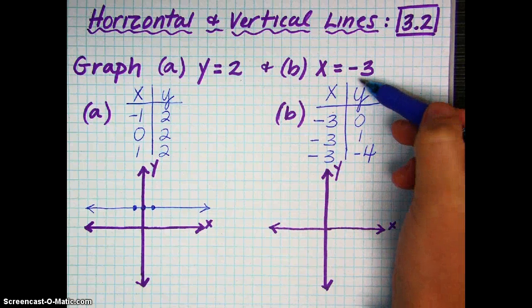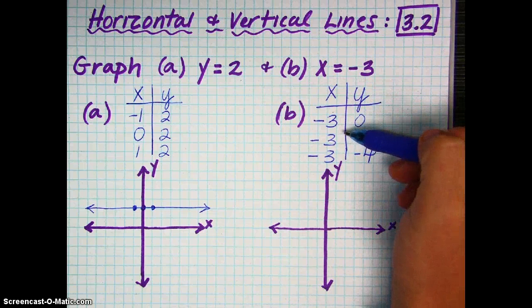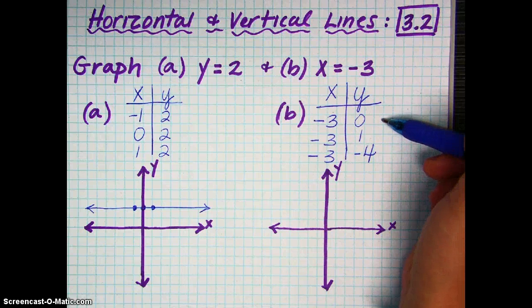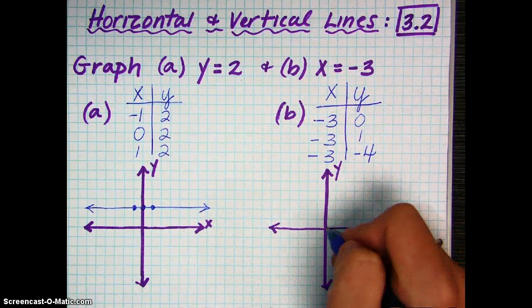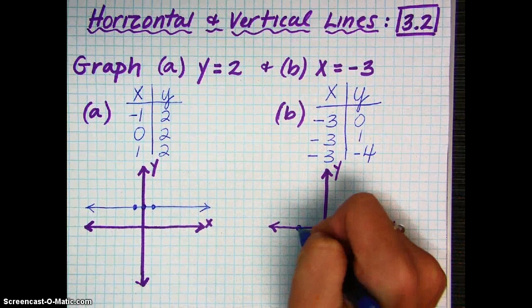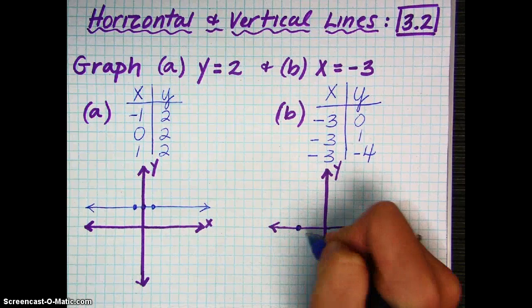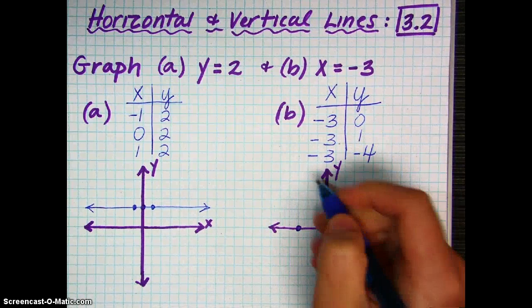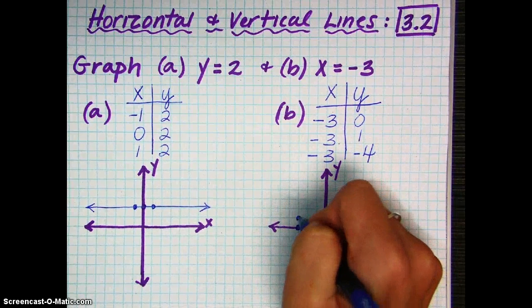As long as x is negative 3, then any point containing an x value of negative 3 is a solution to that equation. So again, the point negative 3, 0, that's a solution to the equation. The point negative 3, 1 would be a solution.